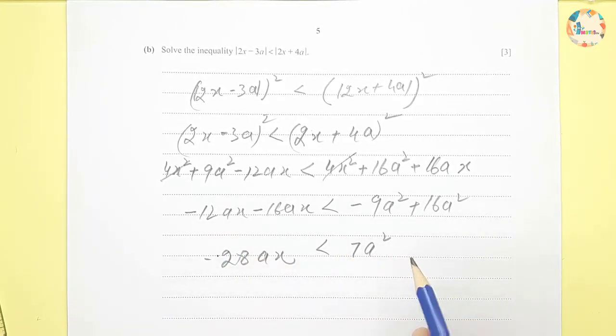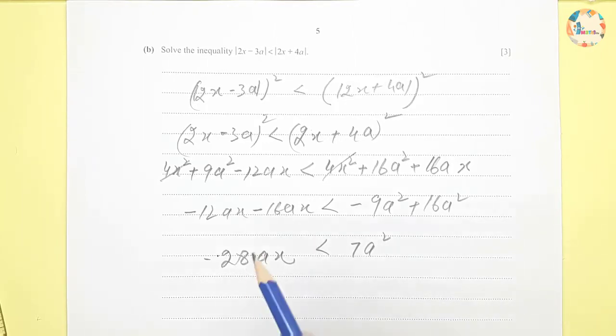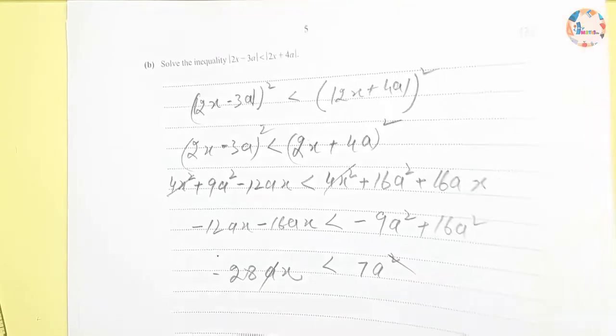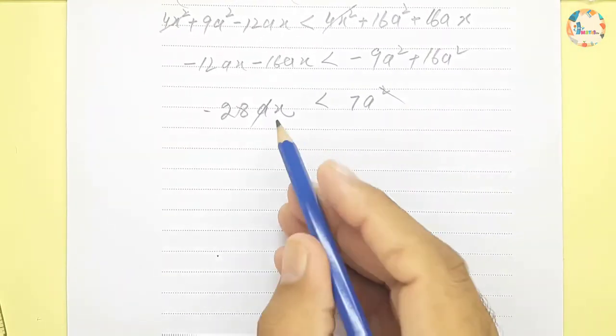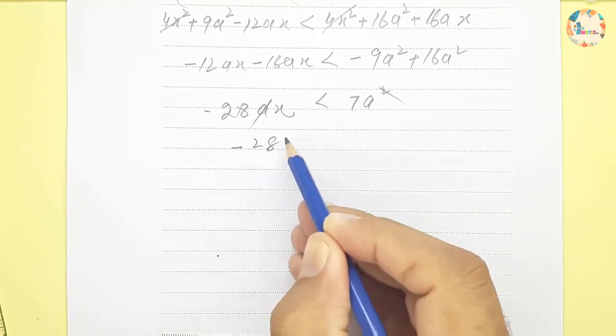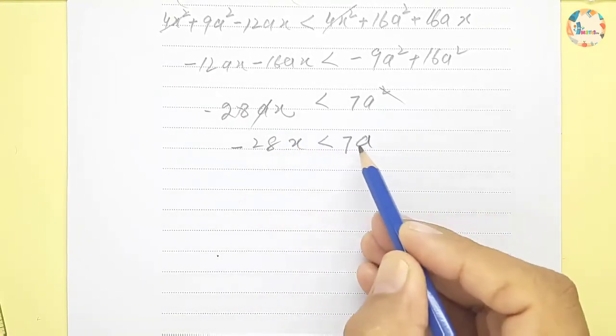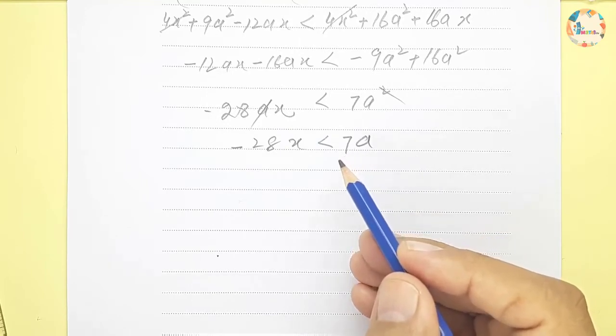And this side will be minus 28ax. Now we need to find the value of x, so we can divide by minus 28. The a we can cancel on both sides, so this will be minus 28x is less than 7a.